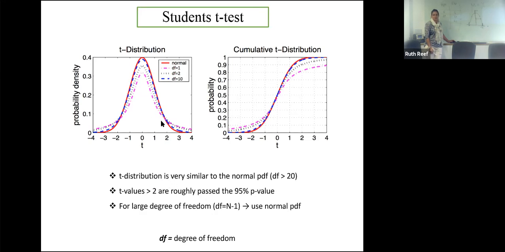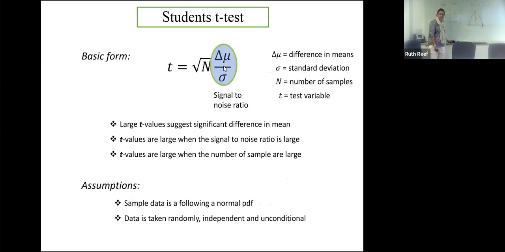So the t-distribution looks very similar to the normal PDF, with a bit of a high kurtosis here. When we calculate the t value, which came from the n, the difference in means, and the standard deviation around the mean, this is a simple calculation to get a t statistic, something that represents the difference between populations.